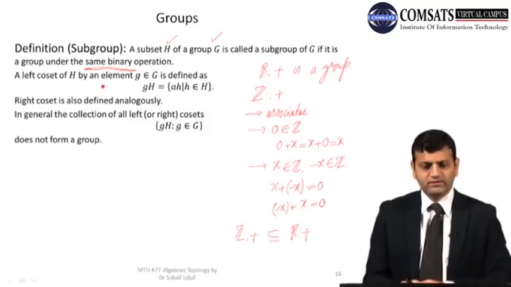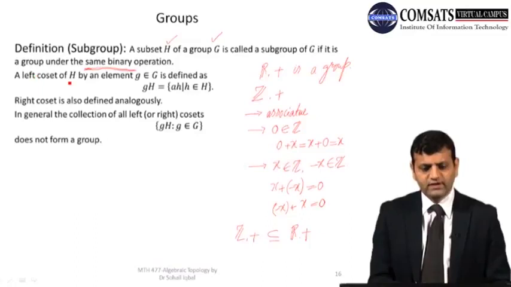So let's go to our next definition. A left coset of H by an element g belonging to capital G is defined as gH, which is equal to the set of g into h, where h belongs to capital H. So basically you take an element of capital G and multiply it with the whole subgroup H, then we get this subset of G, and this subset is called a left coset of H by the element g.